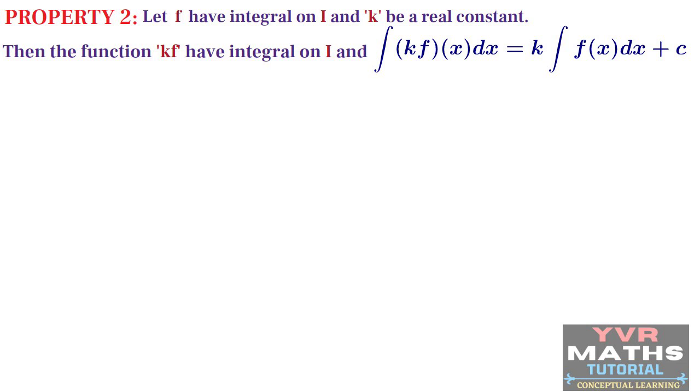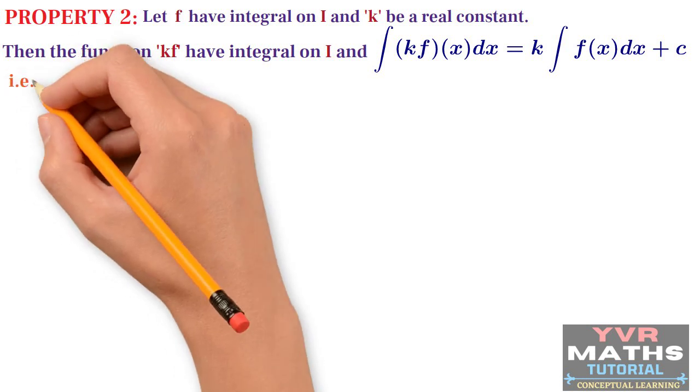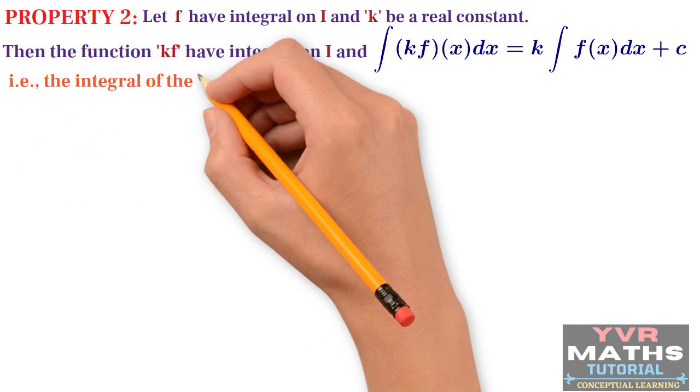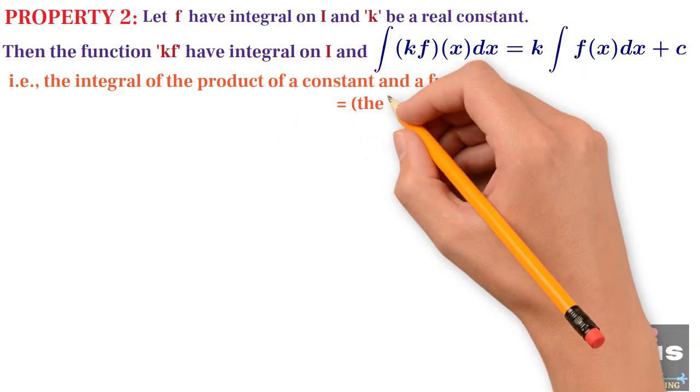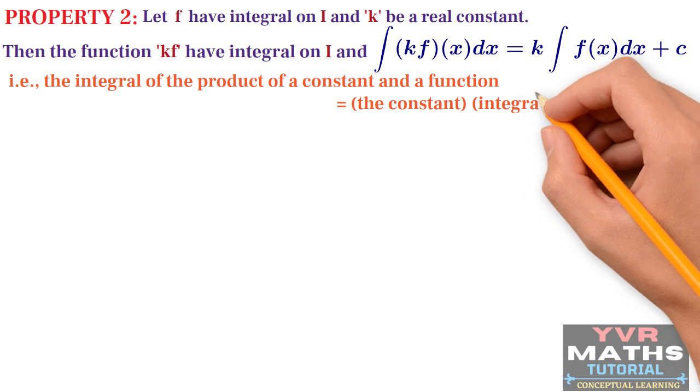Observe this statement carefully. f has an integral on the interval and k is a real number. Then what is the statement? The integral of the product of a constant and a function is equal to the constant into the integral of the function.